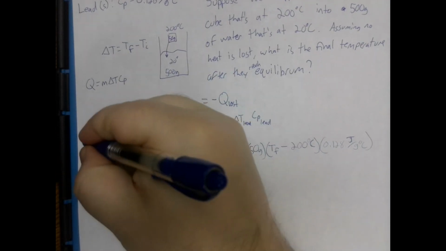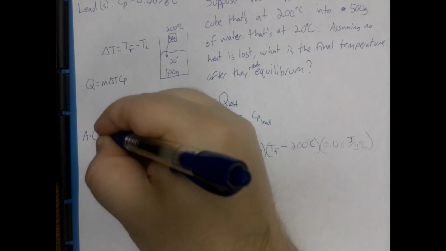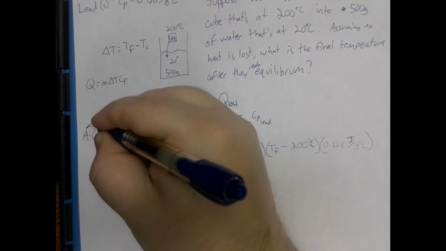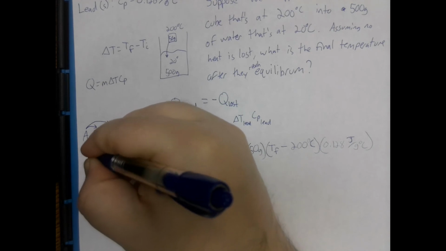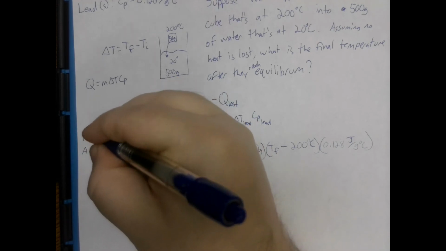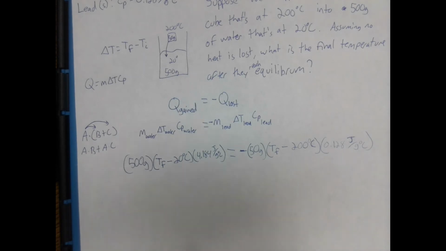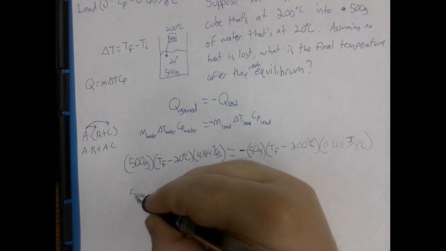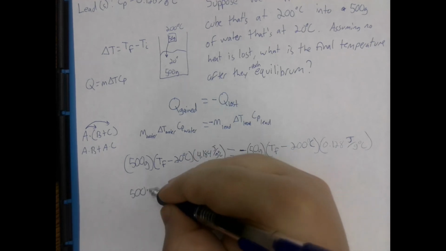So if you have A times B plus C, you distribute this into each one, so it'd be A times B plus A times C. We FOIL into it. So 500 times TF would be, I'm just going to drop the variables for right now.